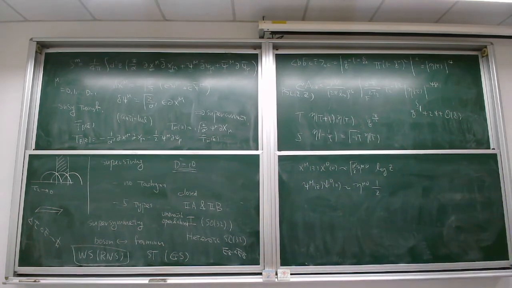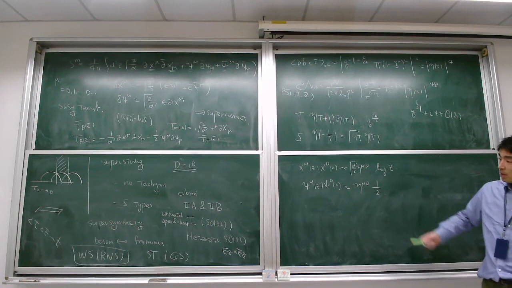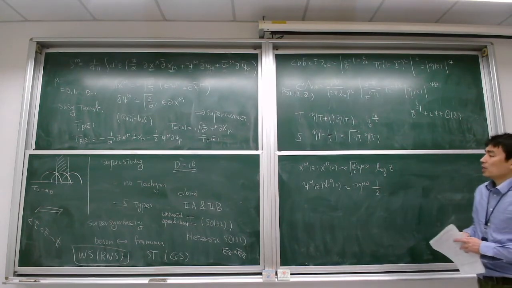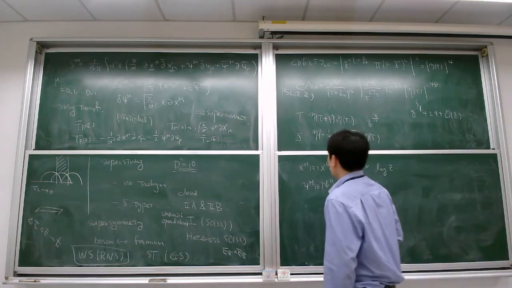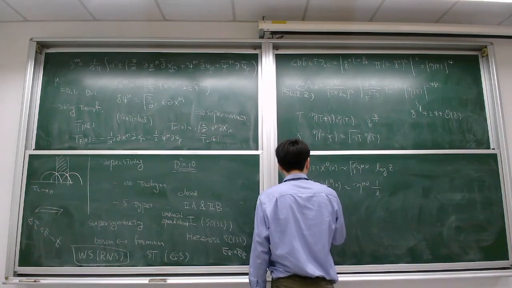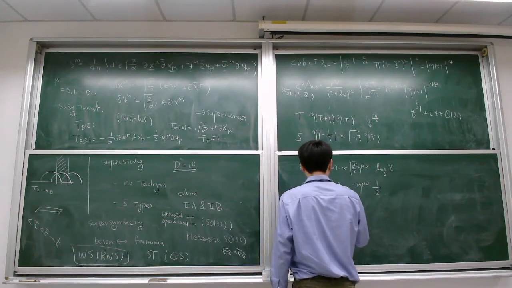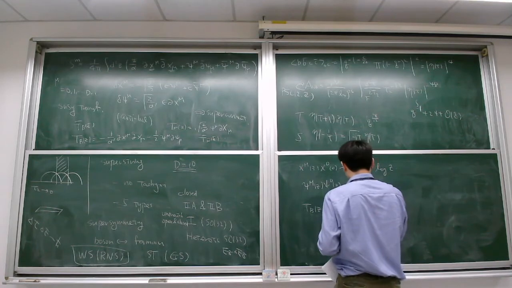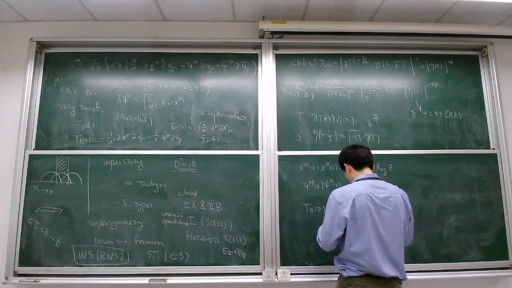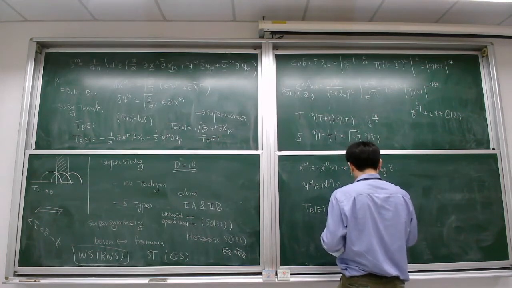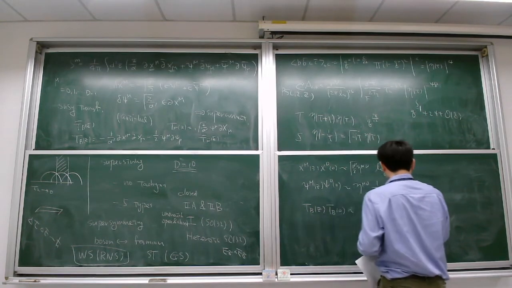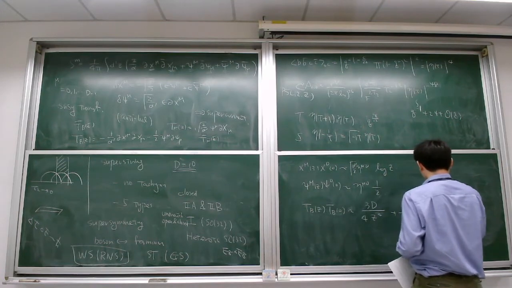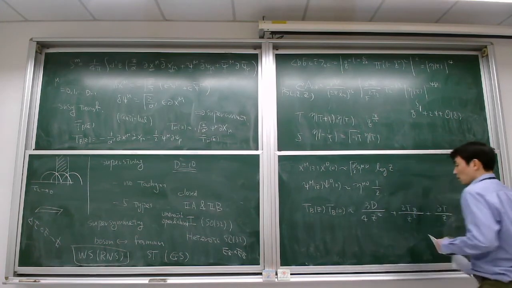You did the homework to derive this OPE, and then if you use this, one can show that you have the 1 over z squared term, and the usual pieces.